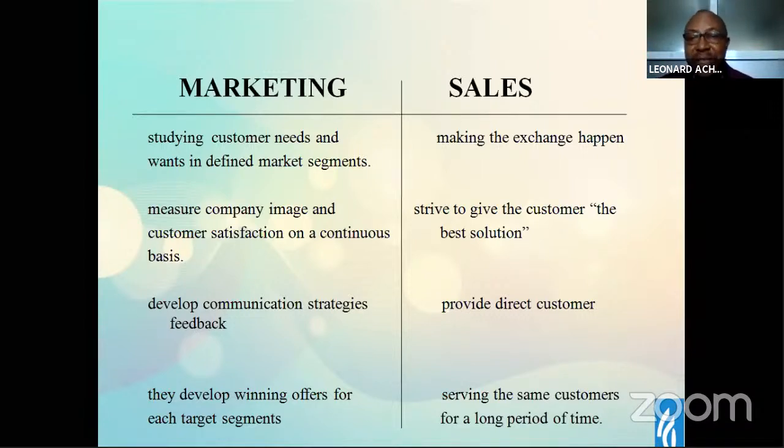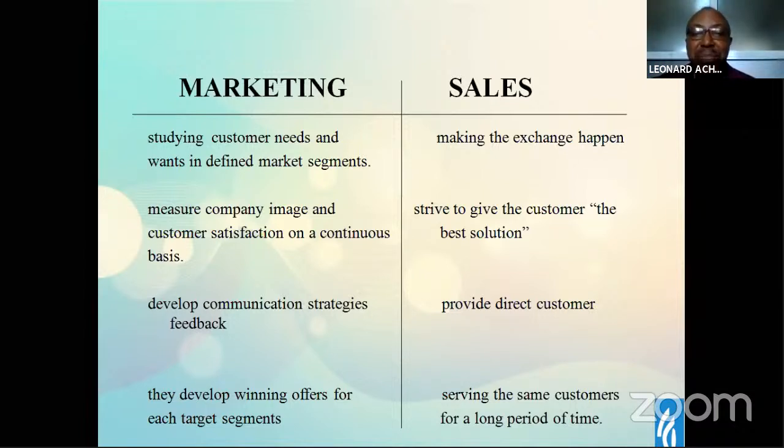When that study is done, then sales carries the goods and products to that market segment and does the actual exchange for a fee.